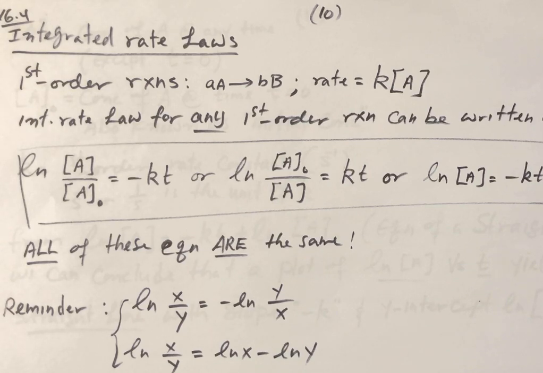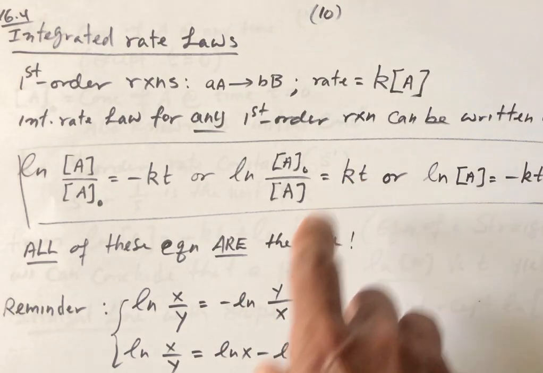Again, we don't need to know how this equation is derived. The only important thing for us right now is to memorize this equation and know how to use it, okay? So equation 5 has to be memorized. That's the equation in this box here.